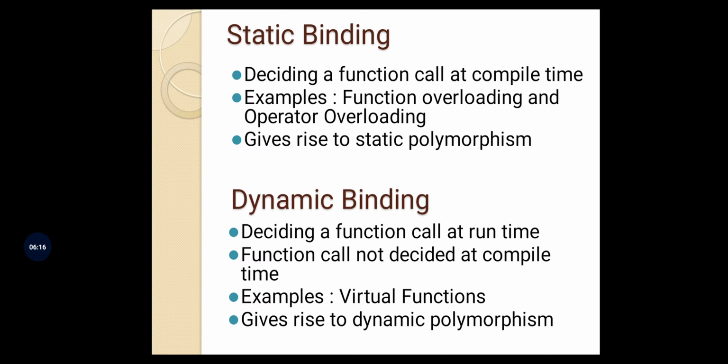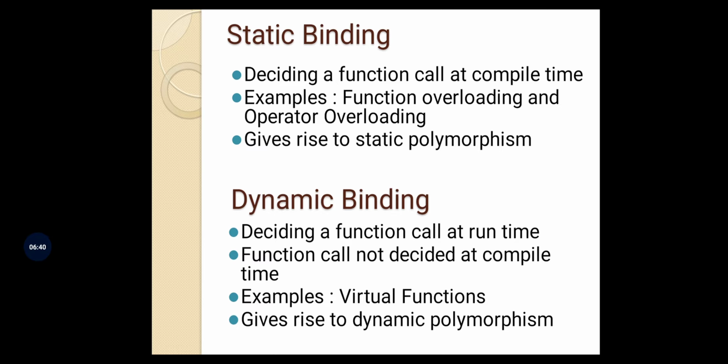Now, what exactly is dynamic binding? In dynamic binding, the compiler does not have much of a role. Although the compiler has a background role in deciding the function call, the function call happens at runtime. At runtime, the compiler is not present, so the function call is not decided at compile time.